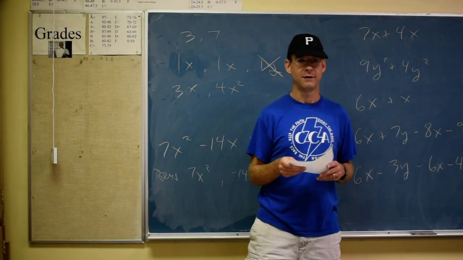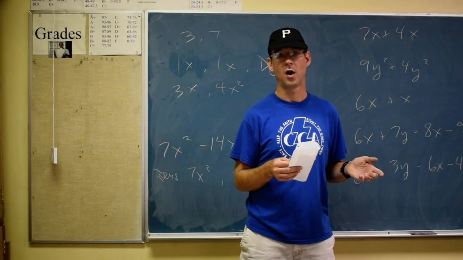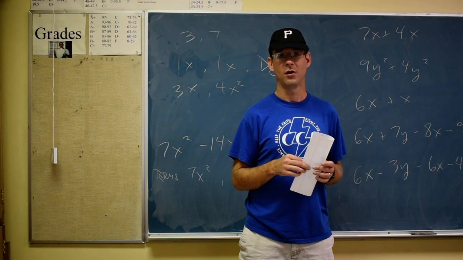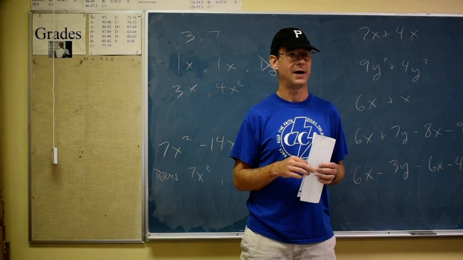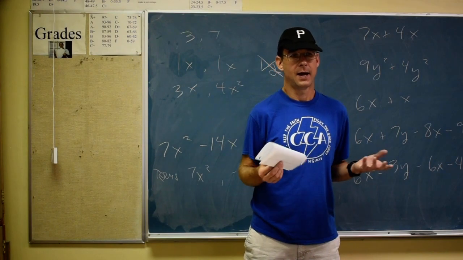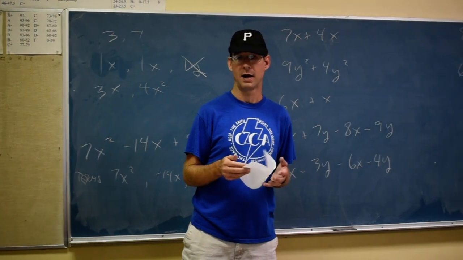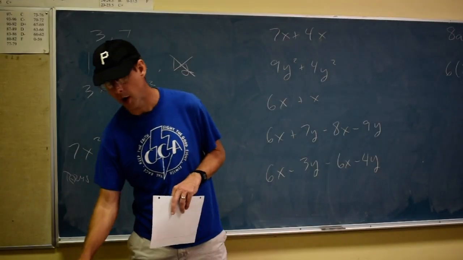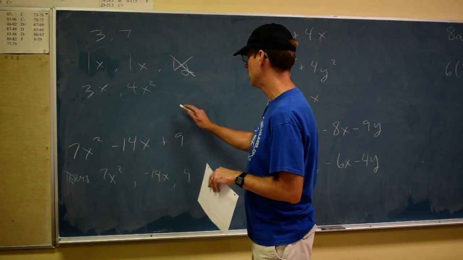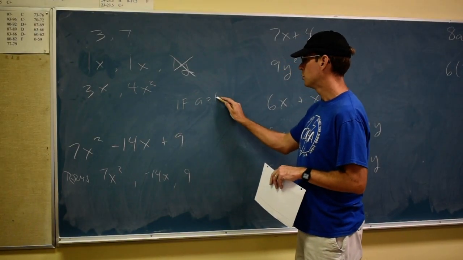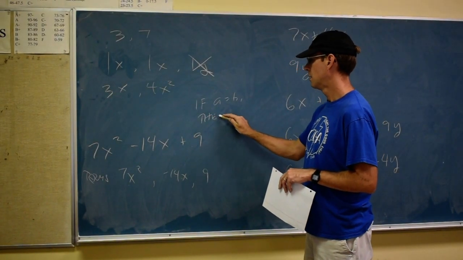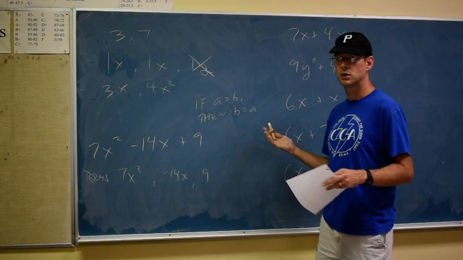From yesterday, if I'd say to you, what's the transitive property? And you're right now thinking, I have no idea what the transitive property is. Or if I said, write an algebra sentence for the distributive property, and you think, there's no way I could write an algebra sentence for the distributive property. Or if I'd say to you, if A equals B, then B equals A, what's that called?